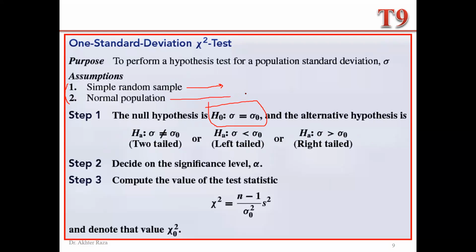And the second assumption, which is quite interesting: the chi-square distribution itself is right skewed, but the population from where we have selected the sample should be normal. So we first have to check the normality by any of the procedures described earlier.